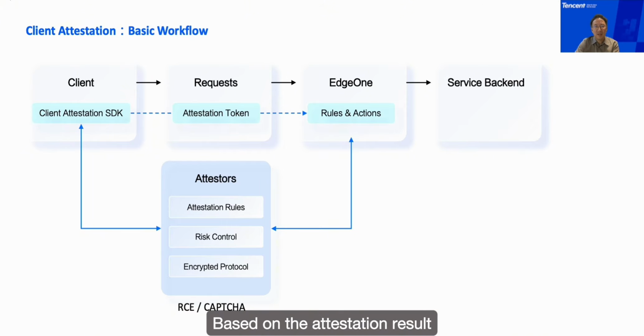Based on attestation results and pre-configured security policies, the request then continues its normal flow, either blocked with an error message or proceeding normally to the customer's backend services if no intervention is required.